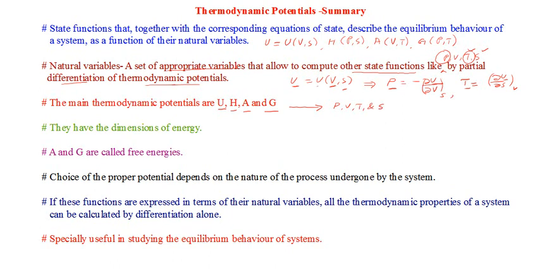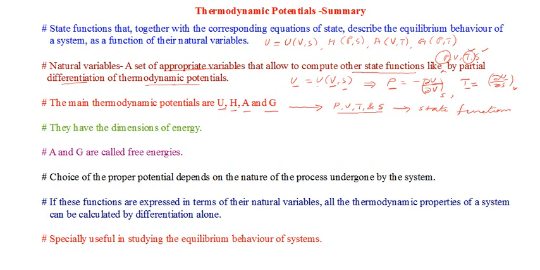So altogether 8 variables we are using in all potential related topics: U, H, A and G, and the others P, V, T and S. The common speciality is that all these 8 variables are state functions.